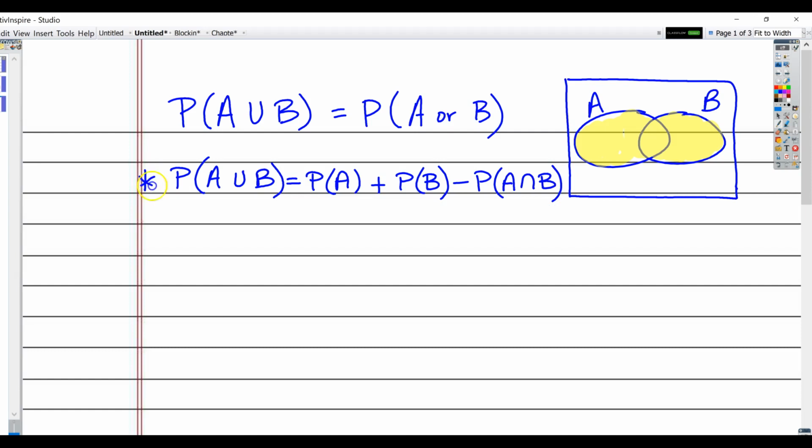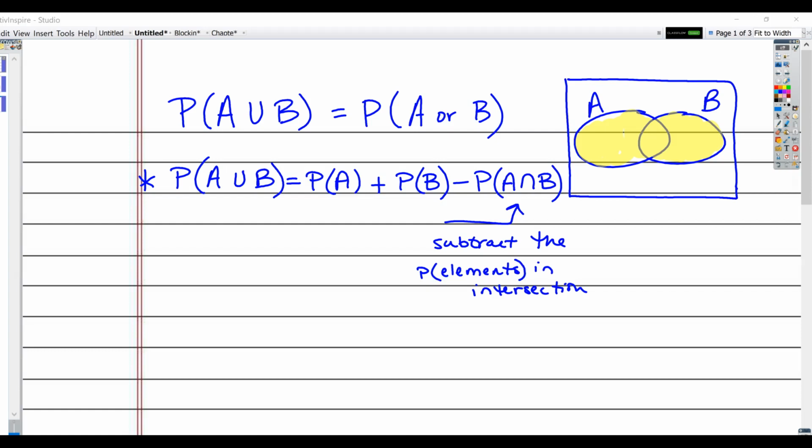Now, this is our new formula, and this means you subtract the elements that are in the intersection, or the probability of the elements in the intersection. So I'll show you how to do that. We're going to do an example, okay?